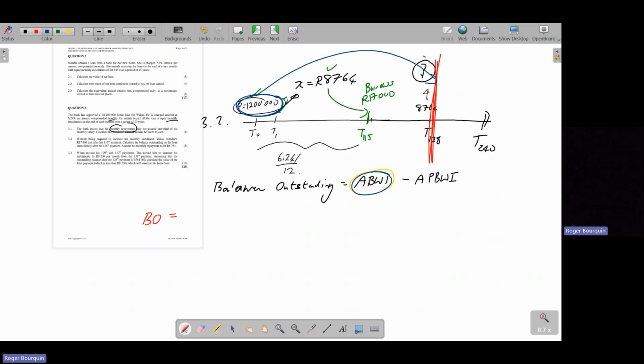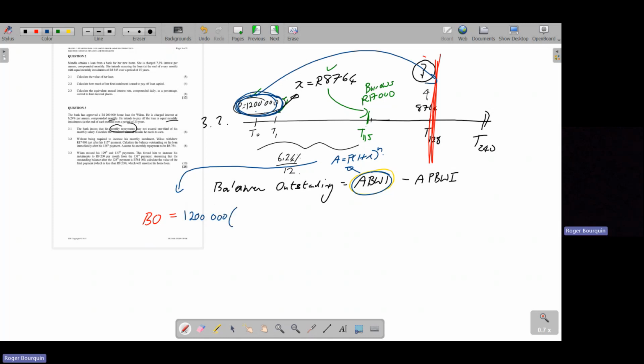Here I'm always just going to be using A is equal to P(1 plus i)^n, because it's not an annuity, it's a single lump sum, where P is equal to 1,200,000.